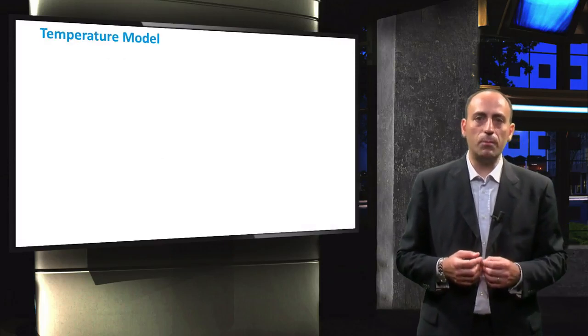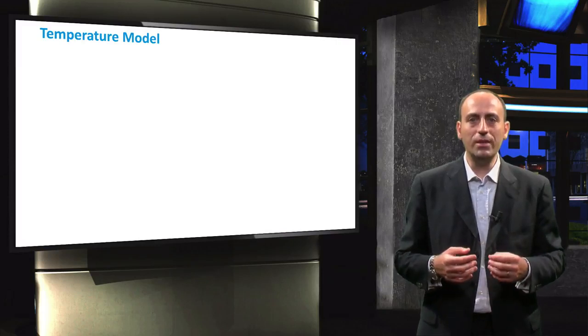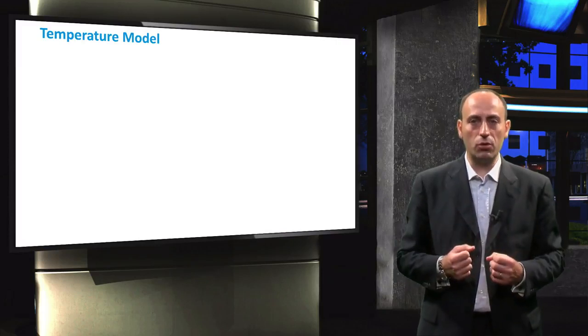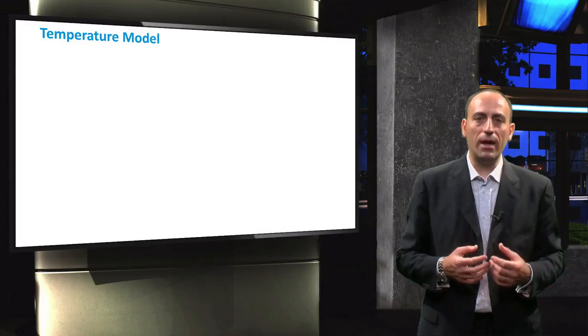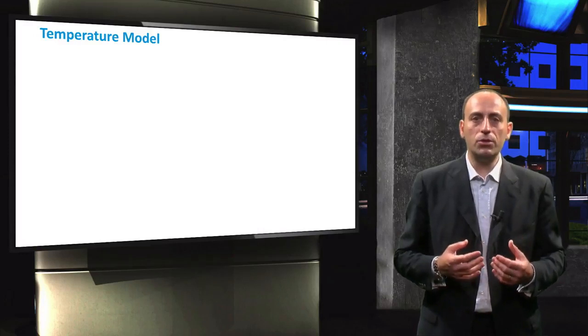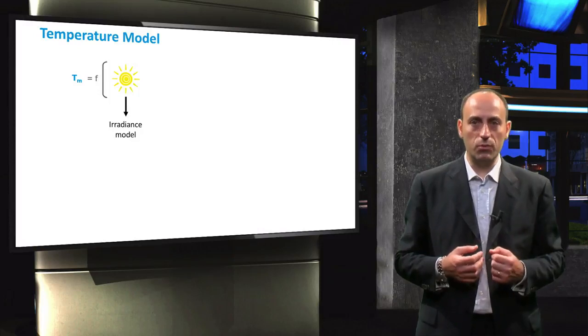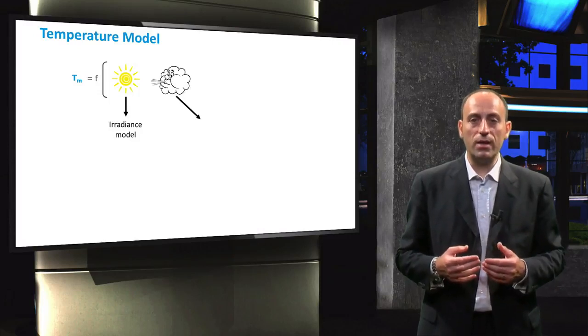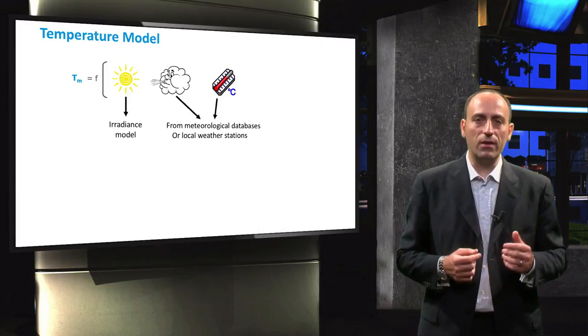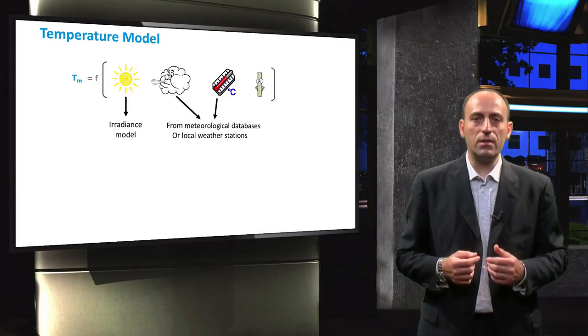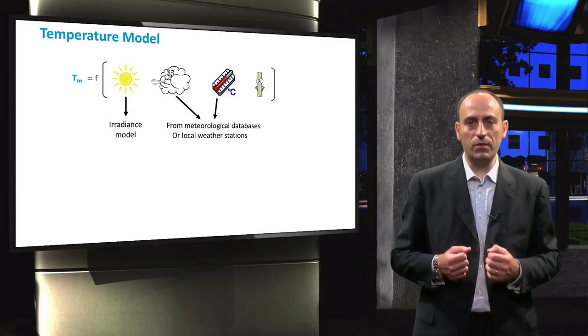For the next step of the PV system design, we want to know the instantaneous operating temperature of the module. We therefore apply the temperature model, which uses the instantaneous irradiance calculated in the previous step as input. This model also requires the on-site wind speed and the ambient temperature, as well as the mounting configuration of the PV system.